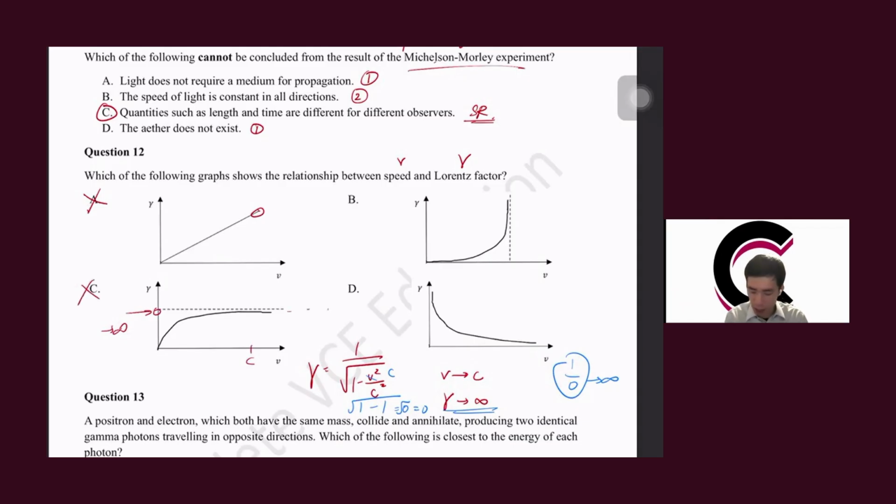That's false. D is absolutely incorrect. As you go to a greater v, the Lorentz factor should increase, not decrease, which leaves us with option B. So at the speed of light, the Lorentz factor tends to infinity. That's the idea. So B is the correct option in question 12.